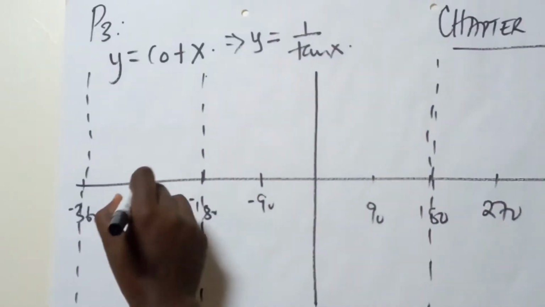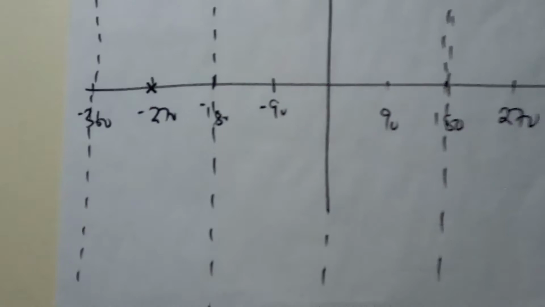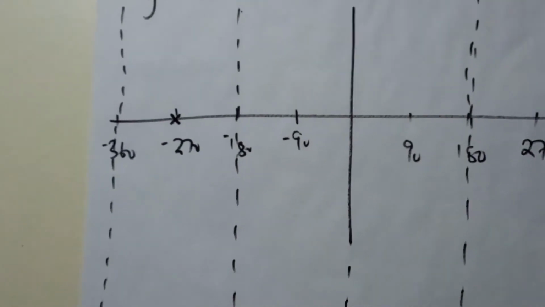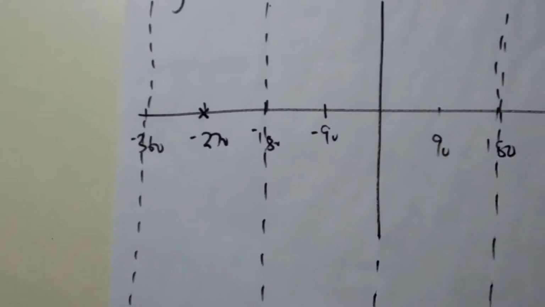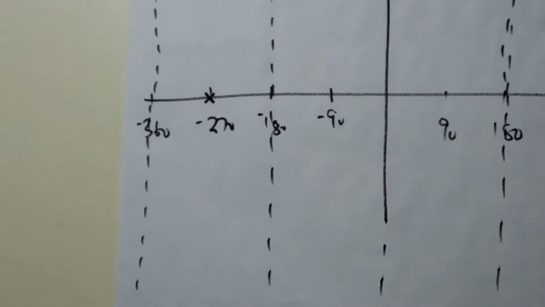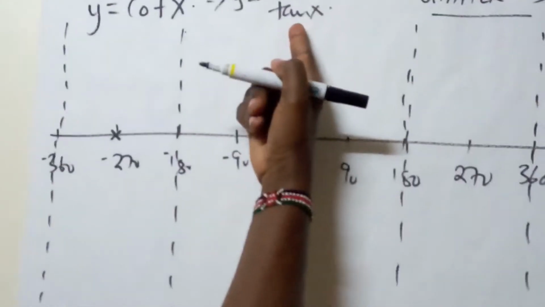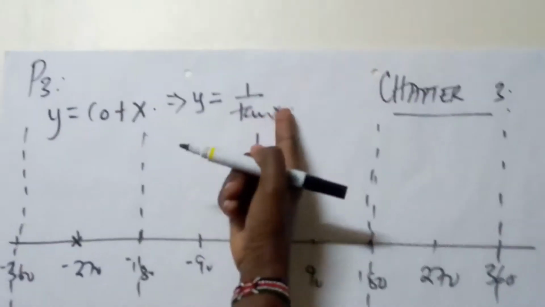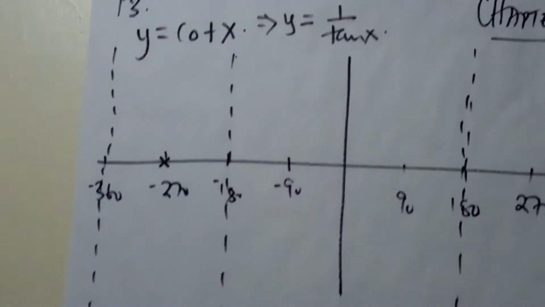But this particular point we must take care of. What was originally the tangent of 270? The tangent of 270 was not defined. It was infinity. So 1 over infinity, 1 divided by a very big number, obviously approaches 0.